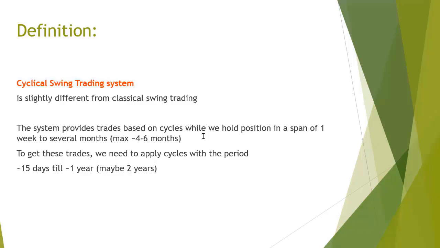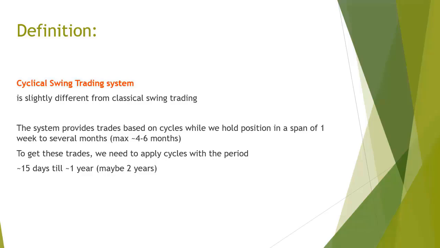Accordingly, to get trades that provide this hold position between 1 week and 6 months, we need to apply cycles with periods from 15 days to 1 year, maybe 2 years. So I call cycles in this span between 15 days and 2 years swing cycles.